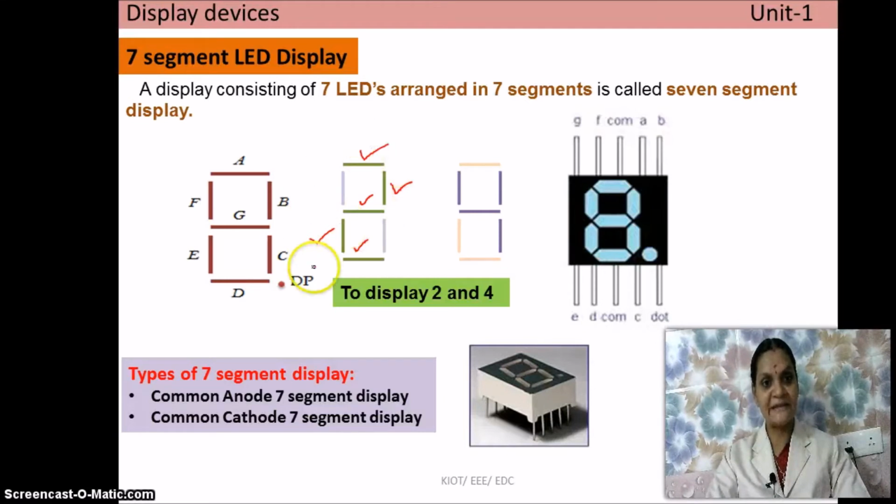That means the LEDs in these 5 segments are to be forward biased for displaying the numeral 2. So segment A, segment B, and segment G, C, D and E. Sorry, C is not. A, B, G, E, D. Once these segments are forward biased, we are able to display the numeral 2.